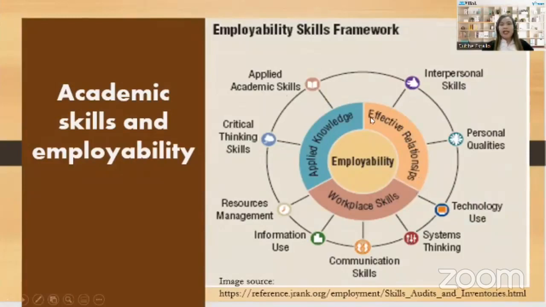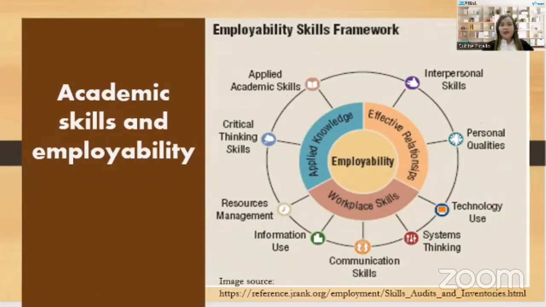And finally, the third slice of the pie is on the area on effective relationships. So they will be screened based on their interpersonal skills as well as on the personal qualities. So if you can see from this chart, it is very obvious that the things that we teach our students today are the very same things that will get them hired in the future.